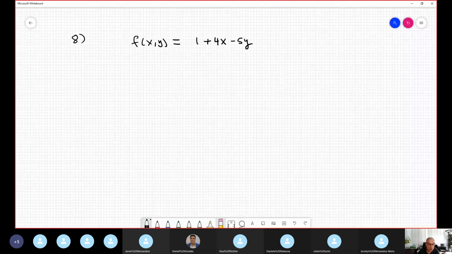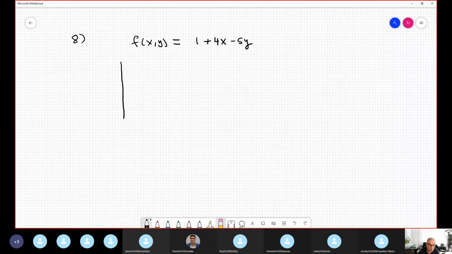So now let me do the sketch of our region. I want to investigate the behavior of this plane. This is the corner 0,0. 2,0 here. And 0,3. 1, 2, 3.